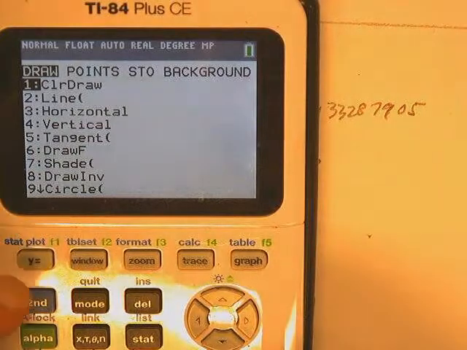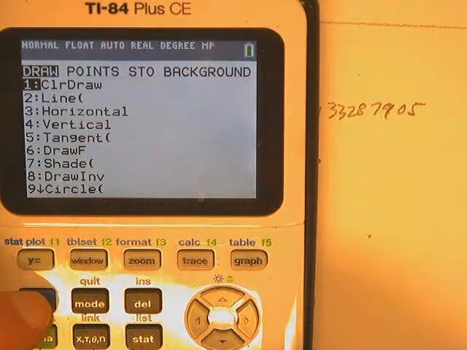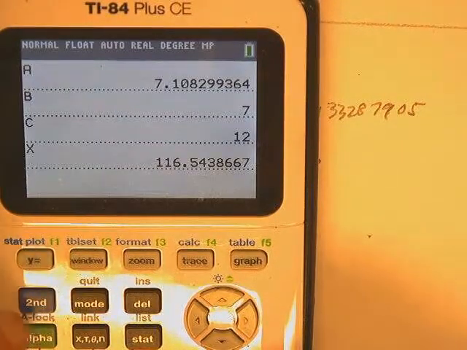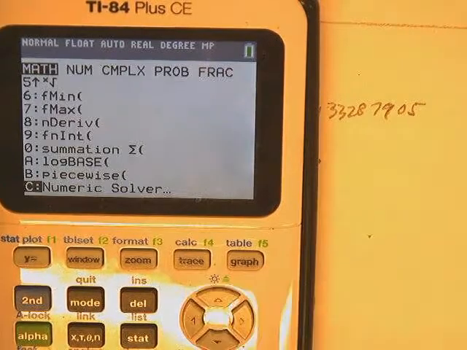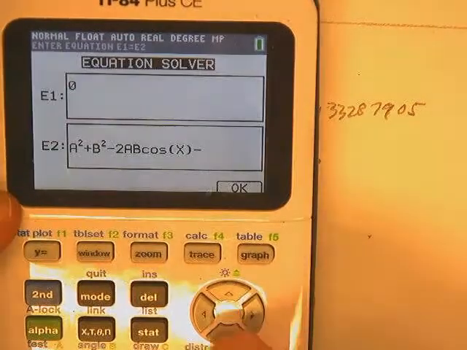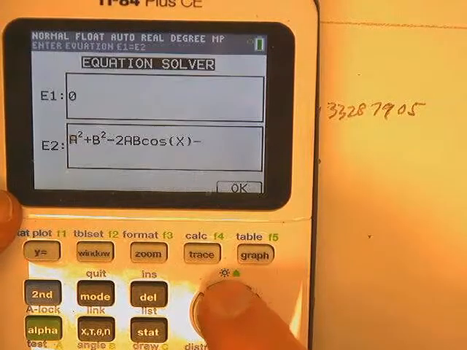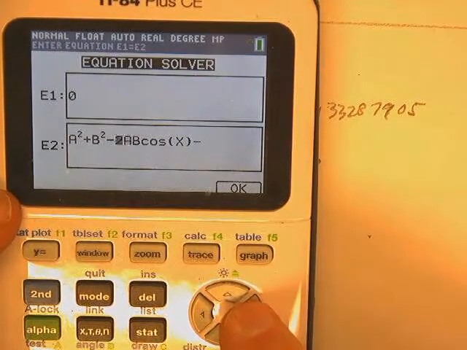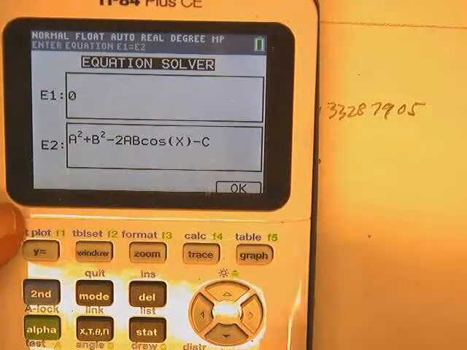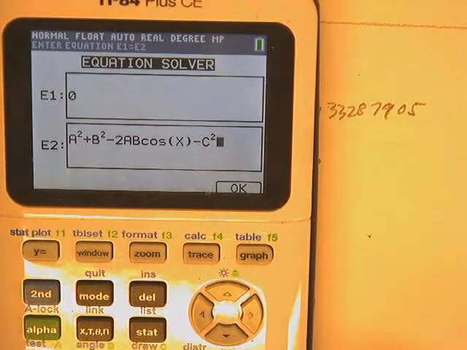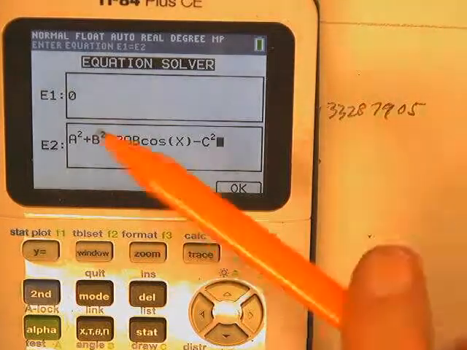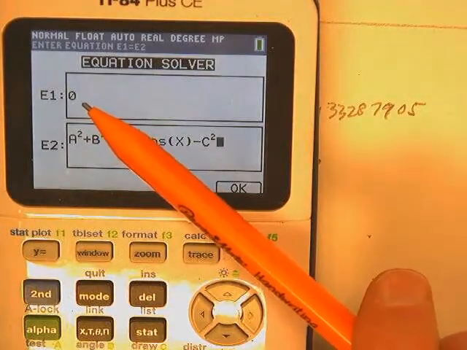Uh-oh. What happened? Okay. I hit a wrong button, obviously. Come down here on this one. Oh, I did second. And do C squared. So if your calculator starts with a 0, think about it.